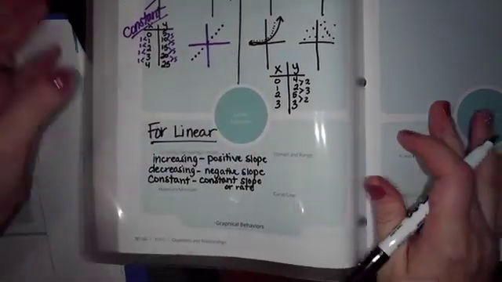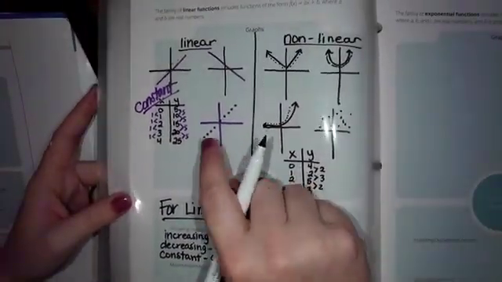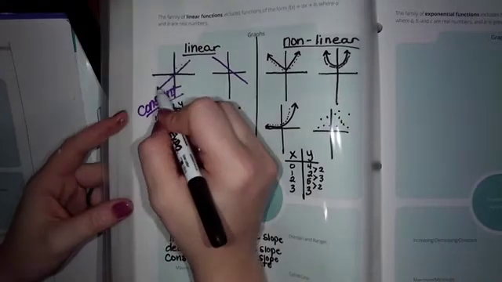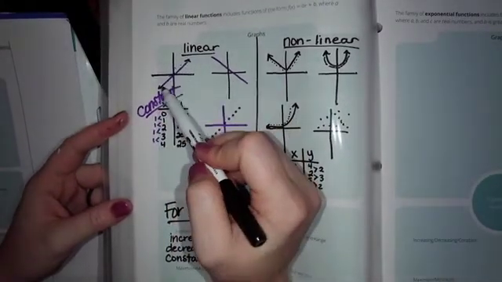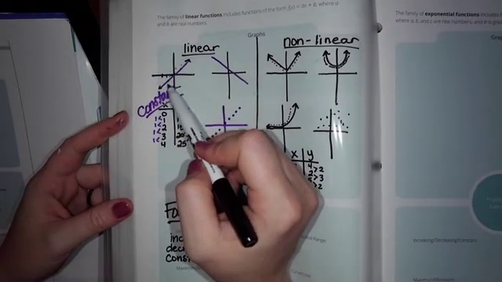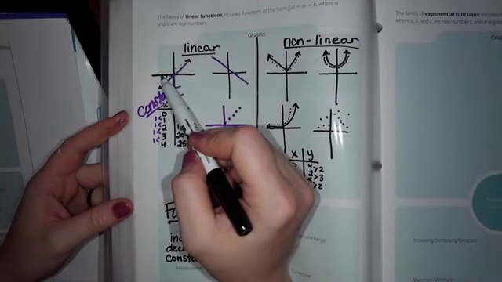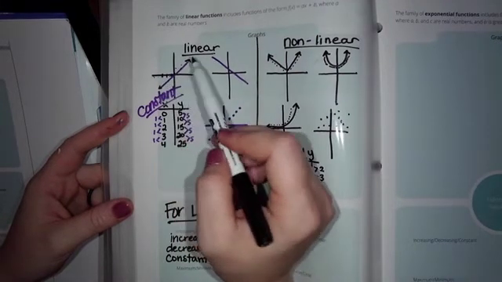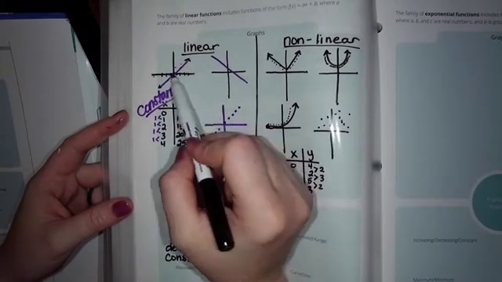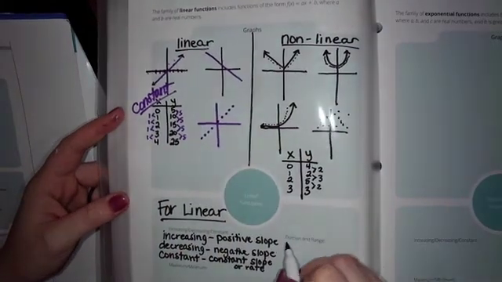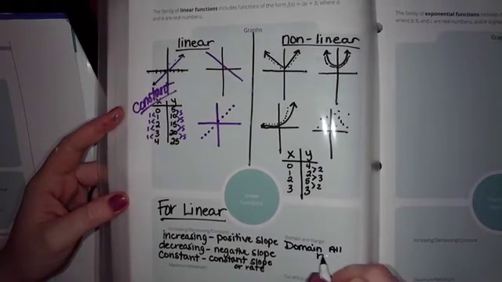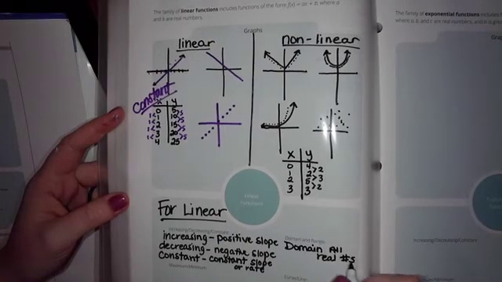Domain and range. So if you look at these linear problems, and these should really have arrows on them. Notice there is a -3, there's a -2, there's -1, but that's not where it stops. It would have a -4, it would have a -5. It has a +1, a +2, a +3, +4, and it would keep going. So then our domain is all real numbers.